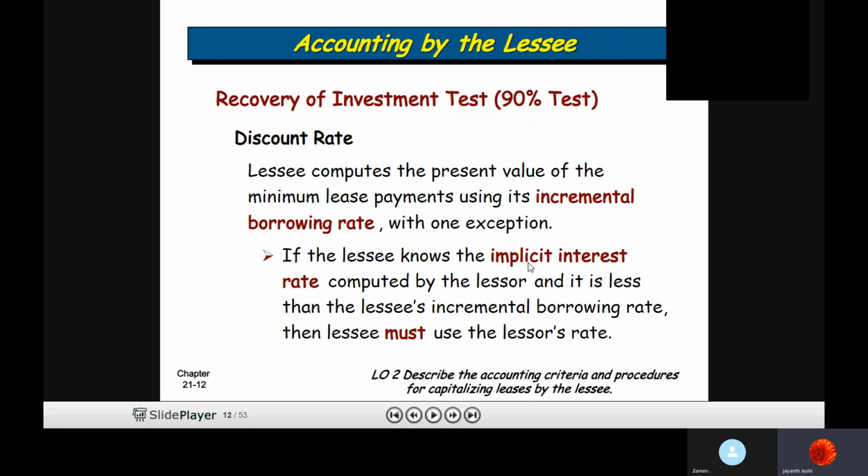That means to compute the present value of lease payments, the lessee should use the implicit interest rate if he knows it, that is, if the lessor has discussed it with the lessee. But if he has no idea what the lessor is charging, then he can calculate the present value of lease payments with the incremental borrowing rate, correct? Yes, sir.